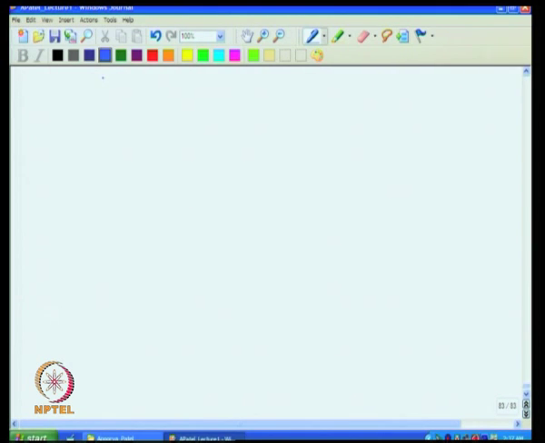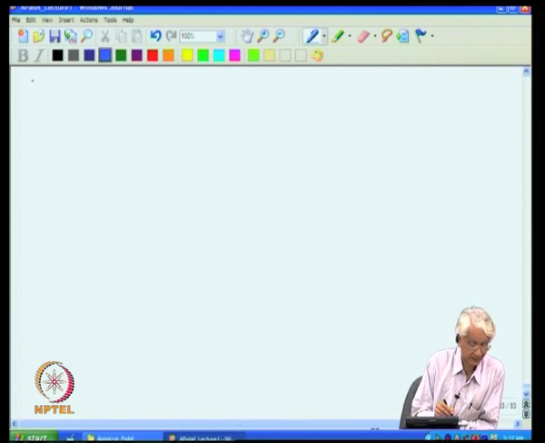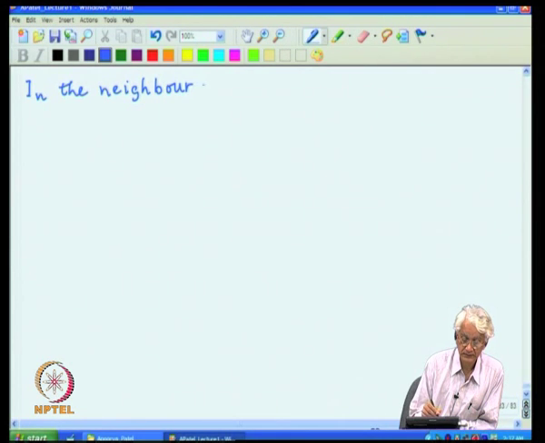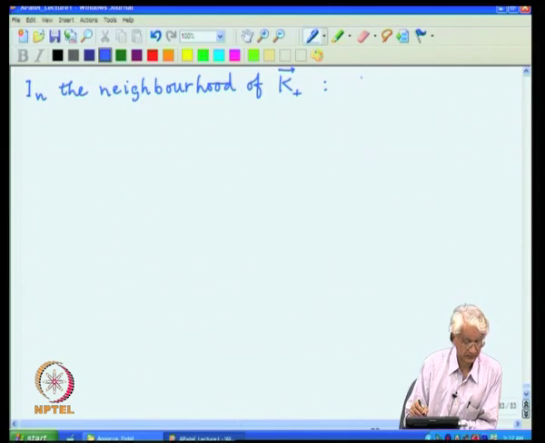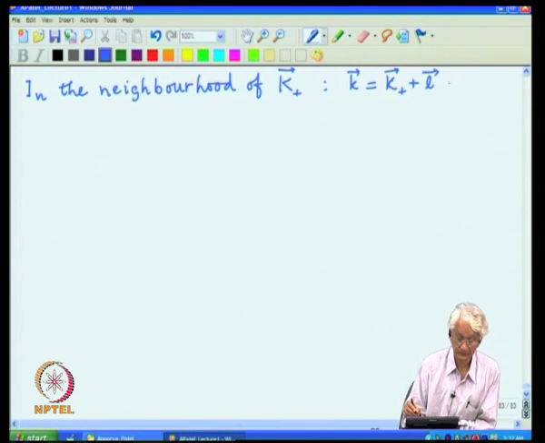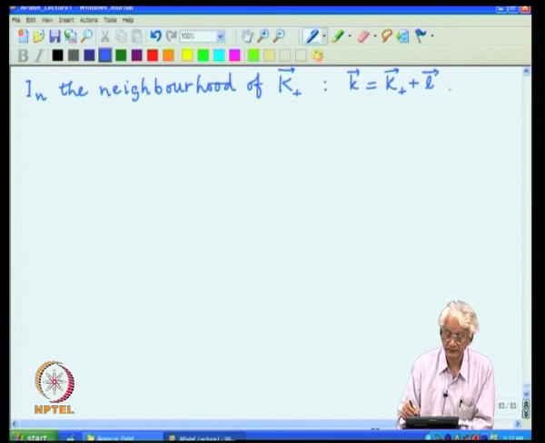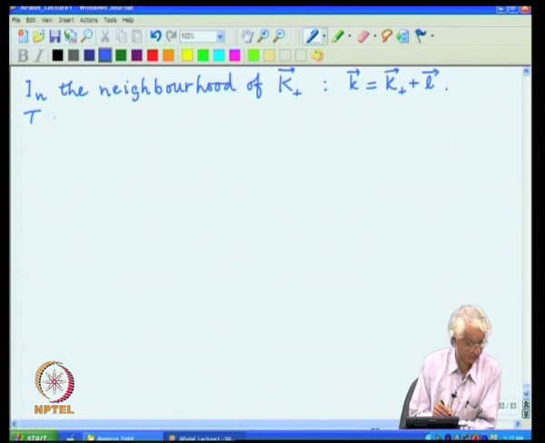And so, let us take a particular neighborhood of the point k plus, and we define the departure as a vector L, and then one can do a Taylor expansion.